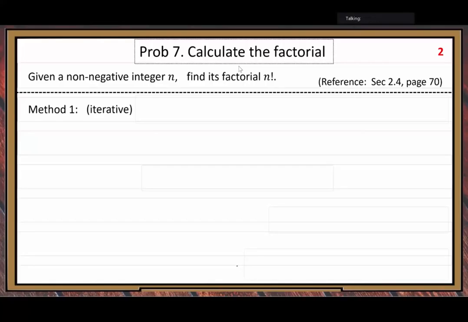We just use a for loop. We can calculate factorial easily, right? Based on the definition of factorial, we just do the product.